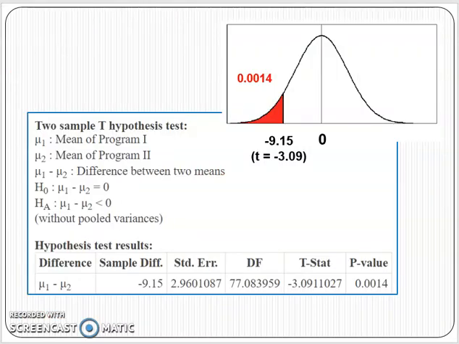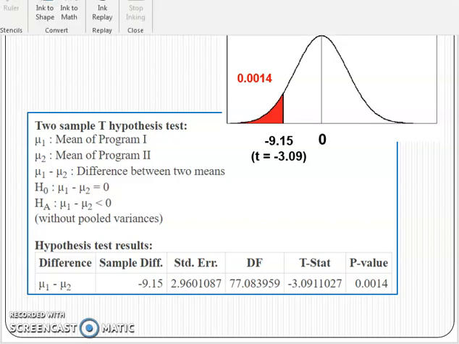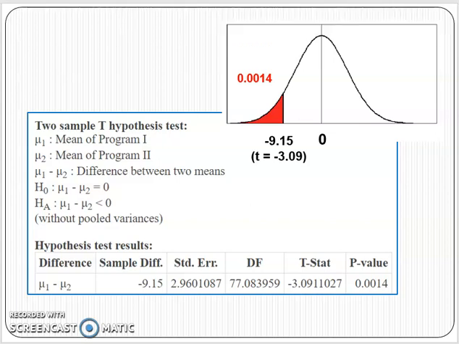I'll just interpret these a little bit. So what we have is we're looking at the difference in the sample means. The sample difference is the difference in the sample means, x1 bar minus x2 bar.